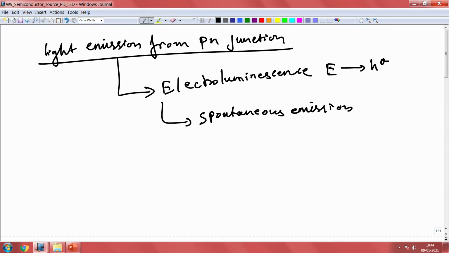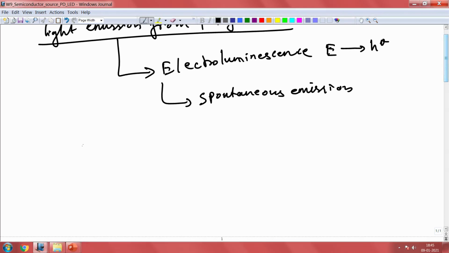Now we need to build the device in order to get photons generated. The light emission is primarily occurring because of recombination, in particular the carrier recombination in the junctions that we have. So let's quickly recap on the junction.